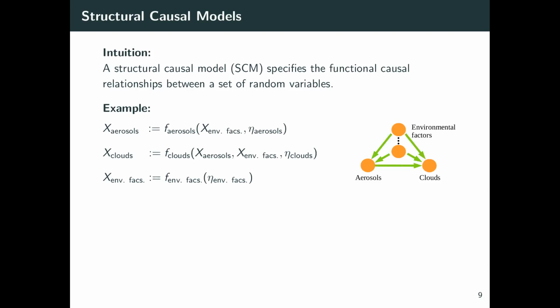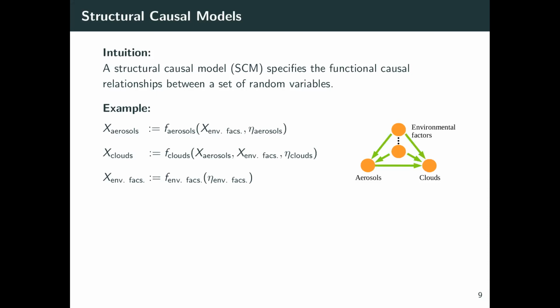This is the assumption that the eta terms are independent among each other. Therefore, you would have to extend your structural causal model in such a way that in the end, whatever remains as processes causing one of the variables is independent of the others.